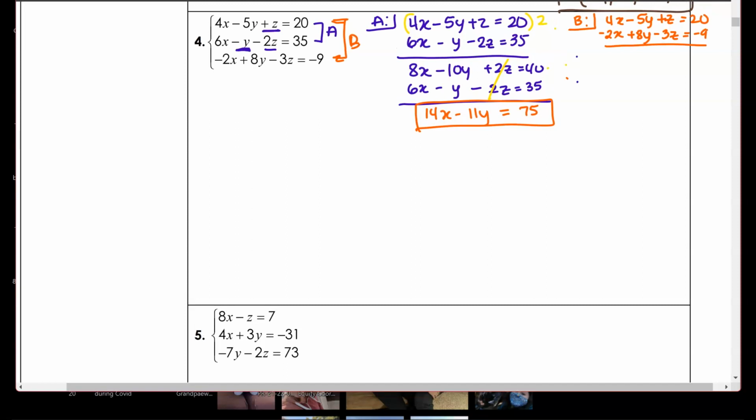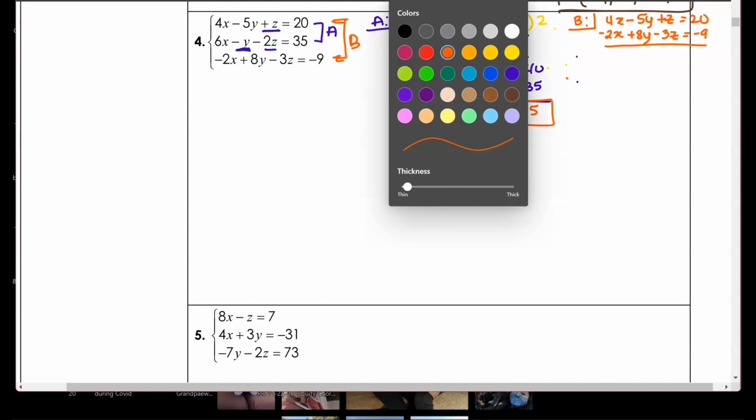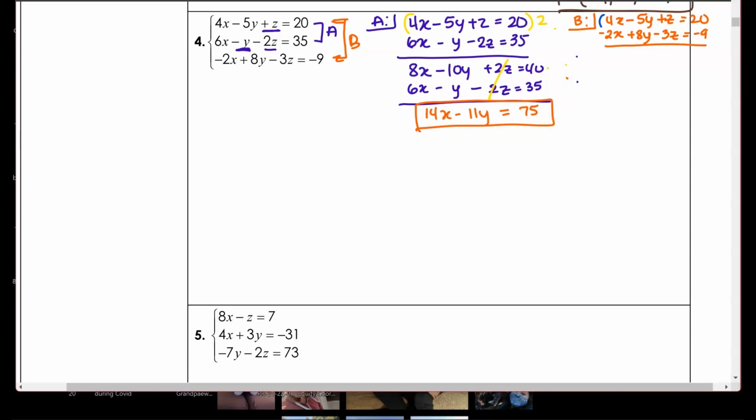So again, I want to cancel out that z, so we're going to multiply that top equation by 3, and then I end up with 12x minus 15y plus 3z equals 60. So then I have negative 2x on the bottom plus 8y, again just rewriting that last equation.